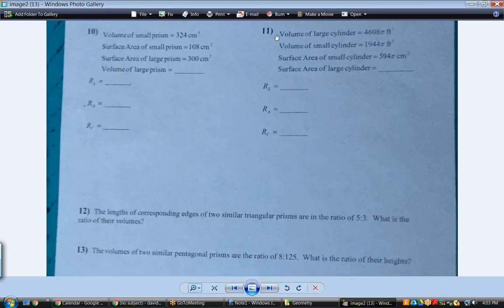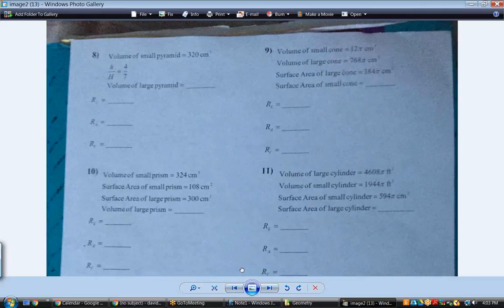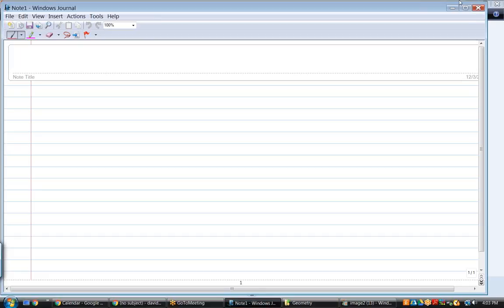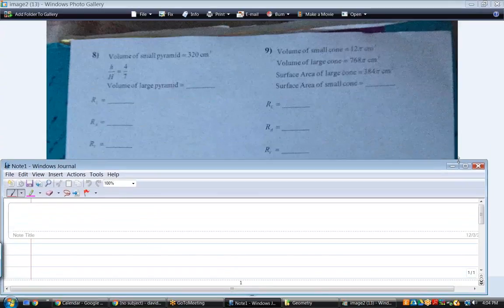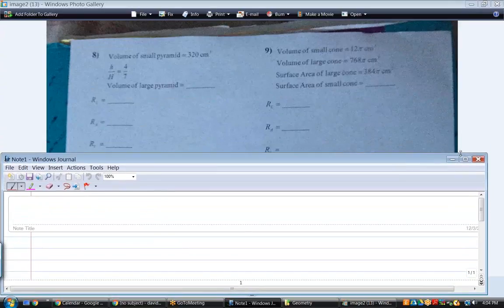Yeah, this is what I've been working with everybody on. It's what I call linear area and volume ratios.